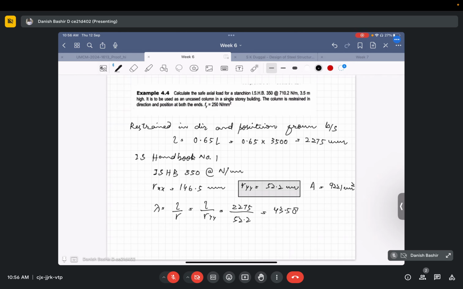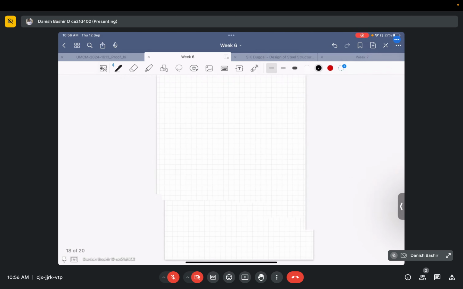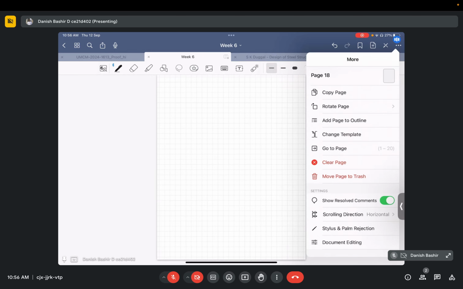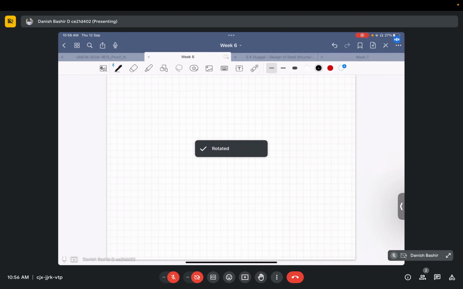If you look at the code for L by R equal to 43.58 and Fy equal to 250 Newton per mm square, you will find that allowable compressive stress sigma AC is equal to 136.49 Newton per mm square. So we got the allowable compressive stress, so we can easily get the safe axial load.